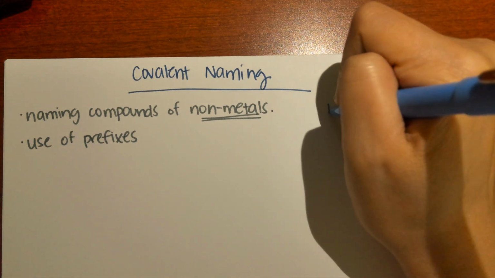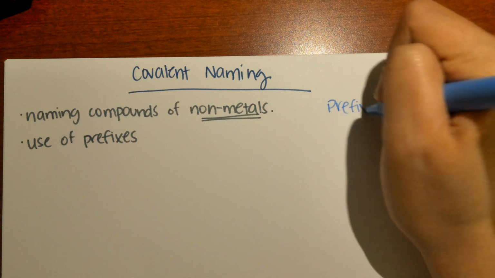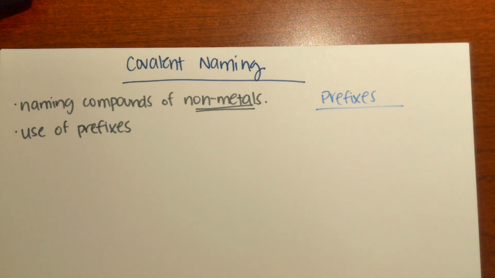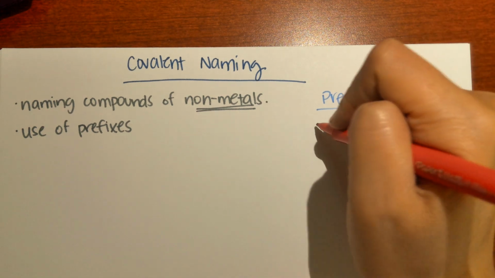So let me write the prefixes on this side. We usually just focus on prefixes 1 through 10, and a lot of it should be familiar based on other words that you know. So I'm going to number off 1 through 10.